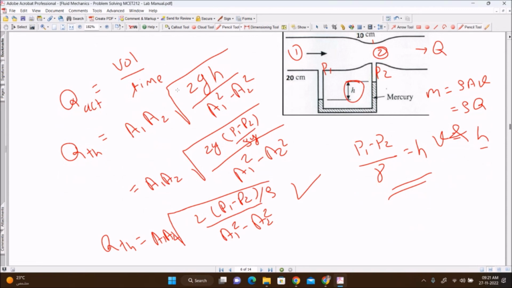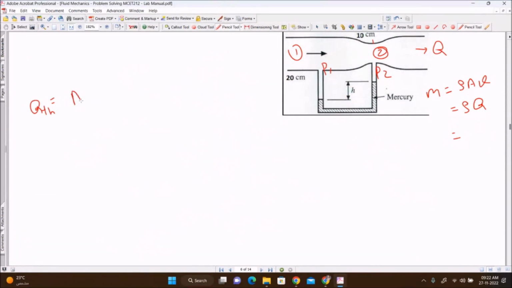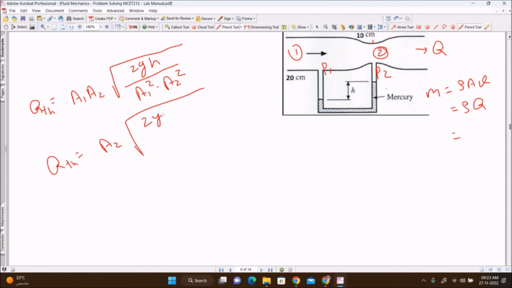Now, the formula remains the same whether you use orifice or Venturi. Q theoretical is equal to A1 A2 under root 2gH of water, or whatever is flowing, divided by A1 square minus A2 square. In some books, the formula is written as Q theoretical is equal to the outlet area A2 under root 2g, taking A1 common, so this is 1 minus A2 square by A1 square.